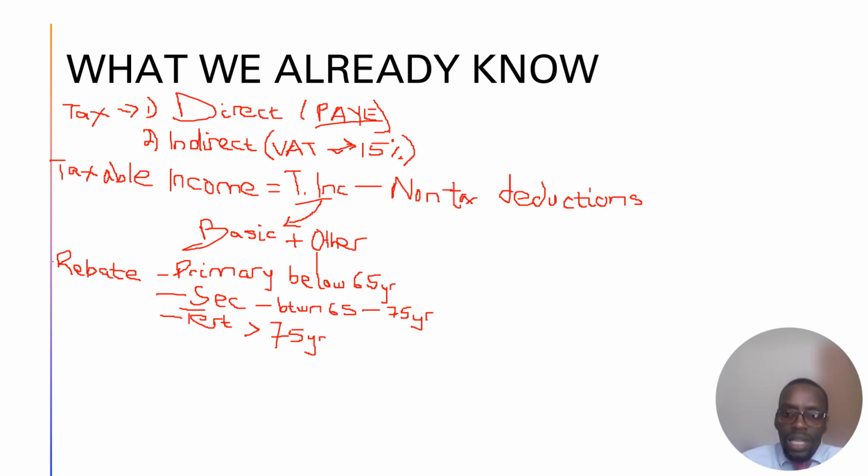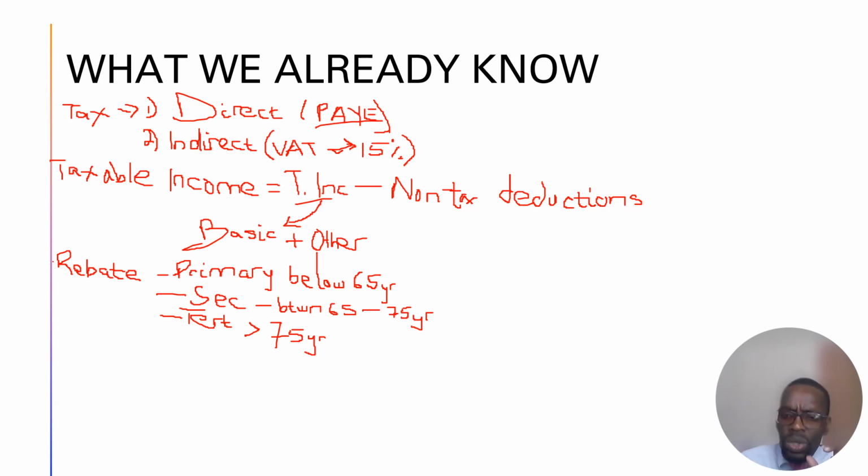So of these three rebates, those below 65 qualify for the primary rebate, in other words the primary tax relief. If it is someone who is 66 years, then they qualify for the secondary tax relief. And if someone is 75 years and above, then they qualify for the tertiary tax relief.